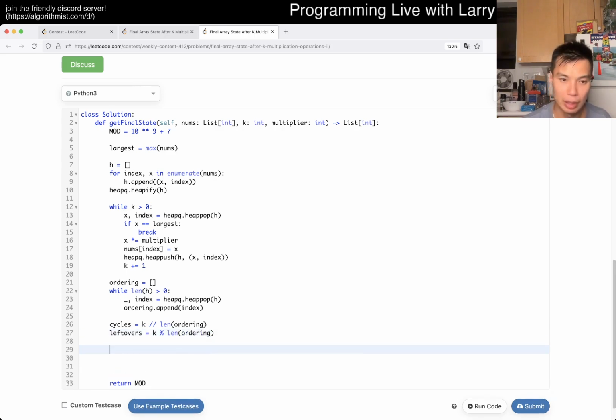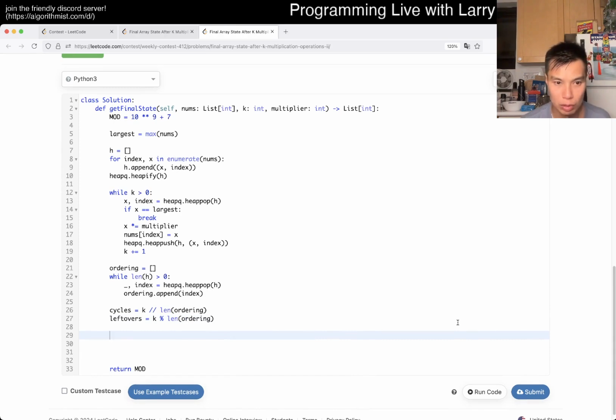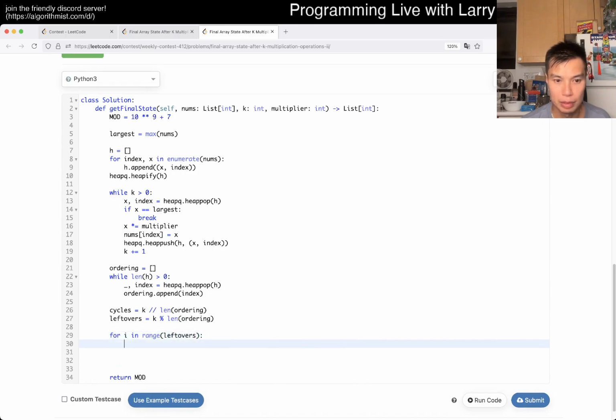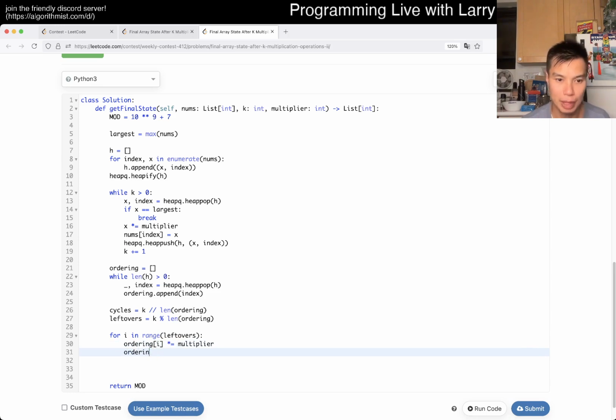Okay, and then now for i in range of leftovers, we want to say ordering sub i, we multiply by multiplier, right? Oh, not ordering sub i.